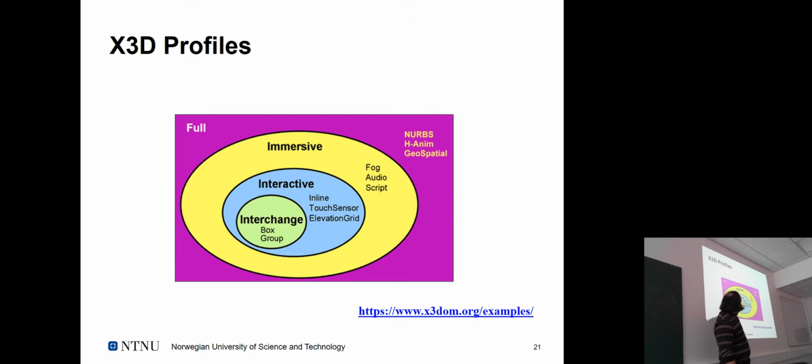And then comes Immersive, that is even more powerful. We can use scripting here and script anything, for example using JavaScript to do some operations for particular actions. We can include audio and fog features.